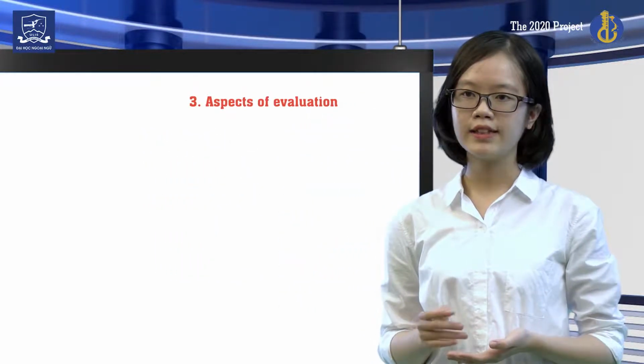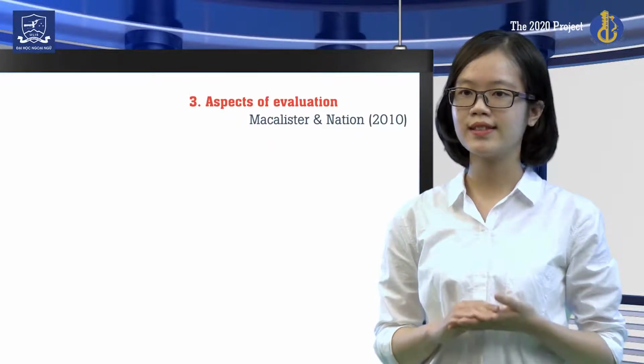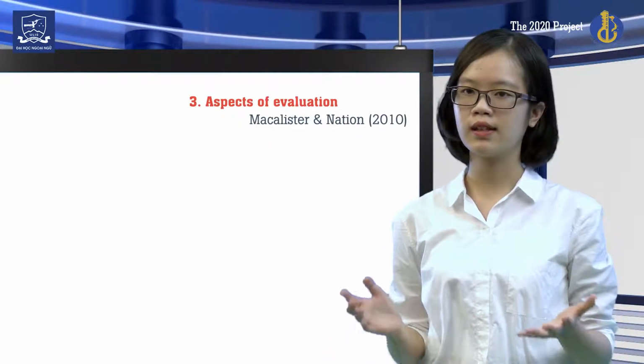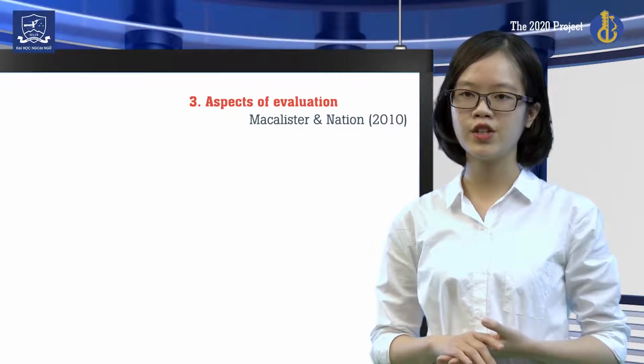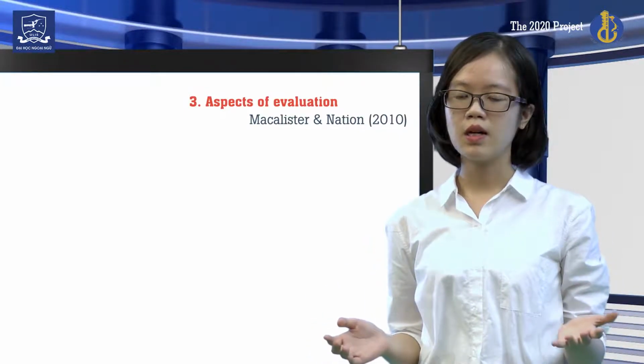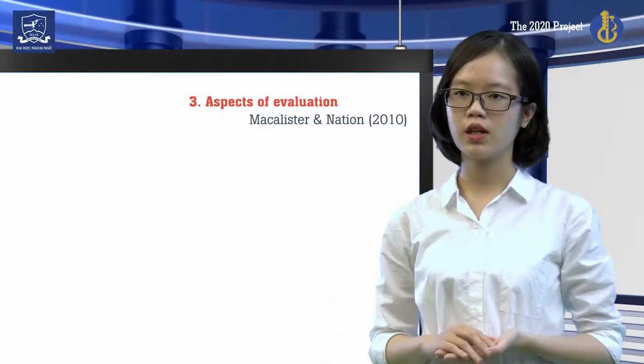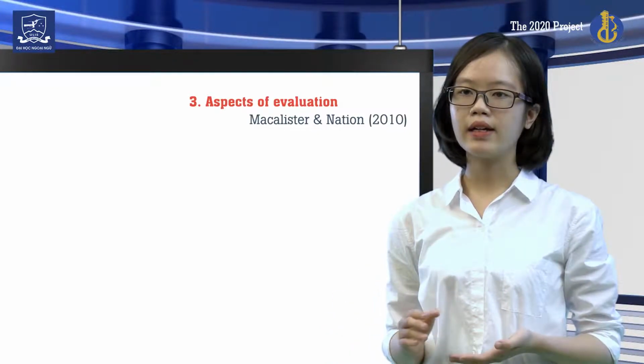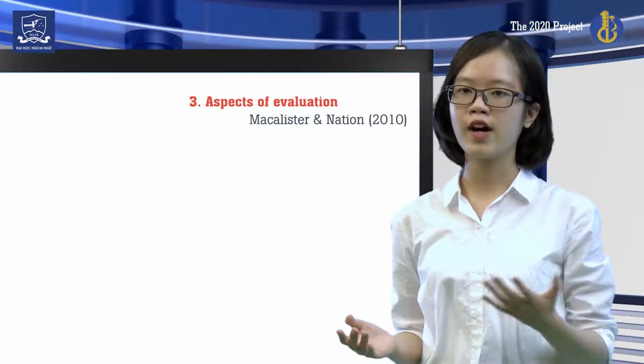Meanwhile, McAllister and Nation in 2010 proposed a different classification of evaluation aspects. Teachers or course designers may want to look at evaluation of teaching and learning and evaluation of the course environment.